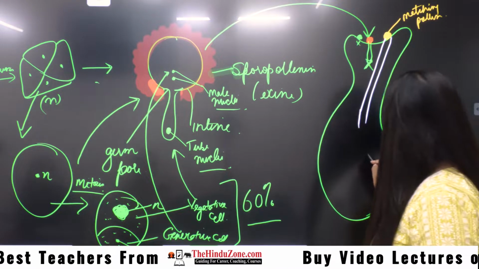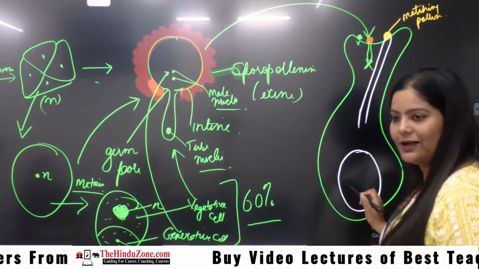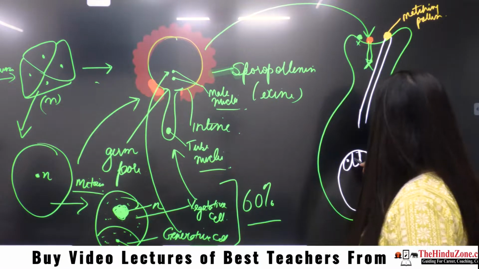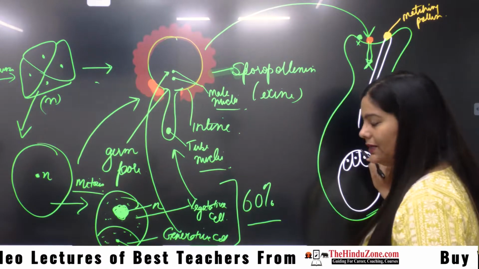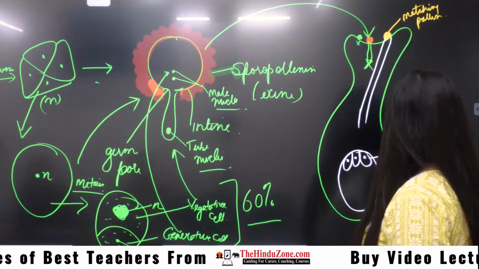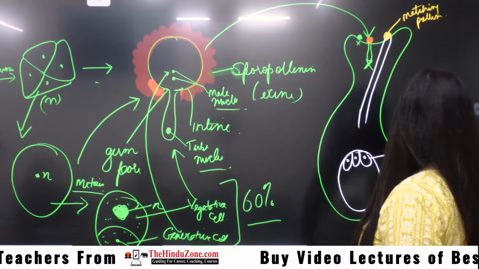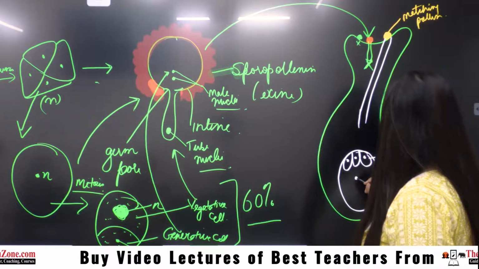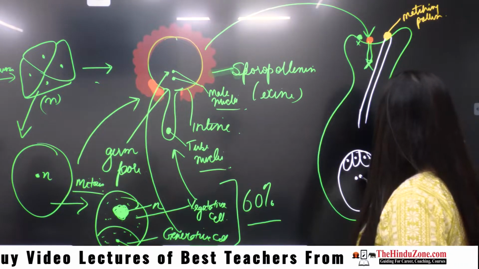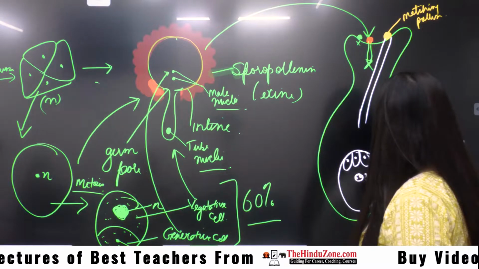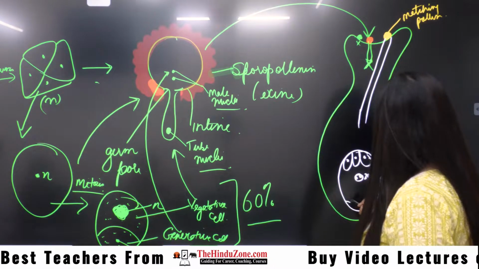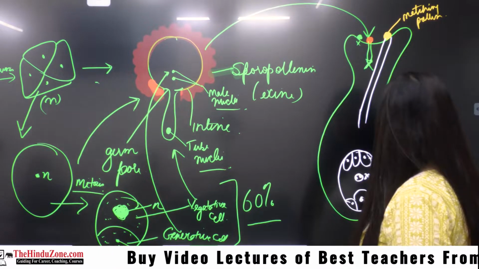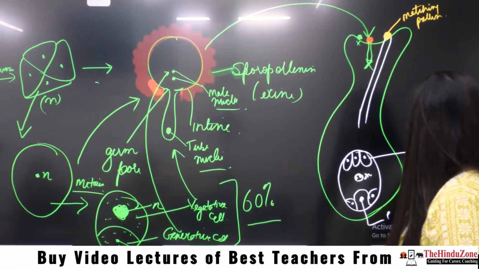Okay? So here we have seen that a proper embryo sac was present. This embryo sac had 3 cells at the chalazal end, that is, these 3 cells are antipodal cells, right? In the middle it was the polar nuclei, which have now fused to form 2n or n plus n, and here 3 cells were present: 2 synergids and 1 egg.